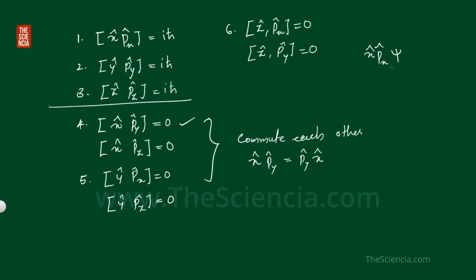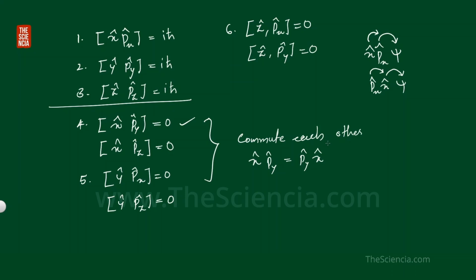Then the order of operation matters: in p x cap psi, first this position operator will operate on this state, so we will get another vector, and on that vector this p x cap operator will act.